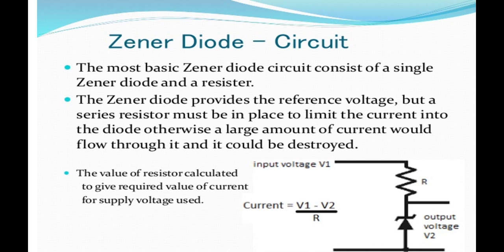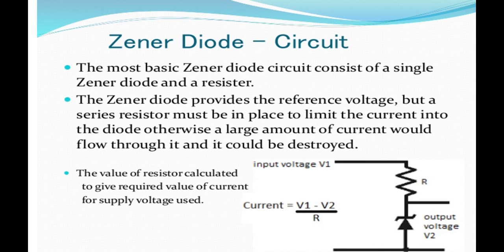This is the circuit diagram, an example of a voltage regulator. Here is shown the Zener diode circuit. The most basic Zener diode circuit consists of a single Zener diode and one resistor. The resistor is used to limit the excess amount of current, so it is connected in series.